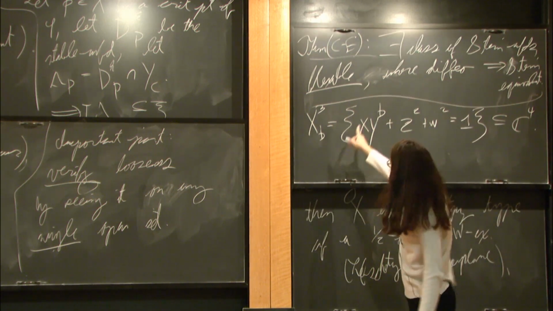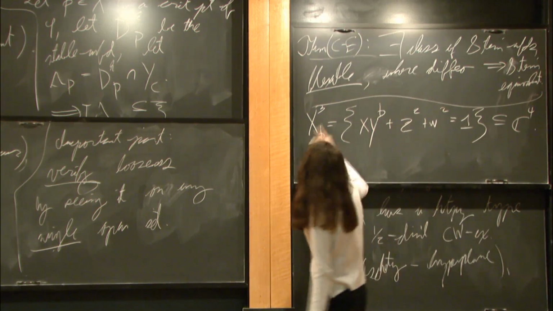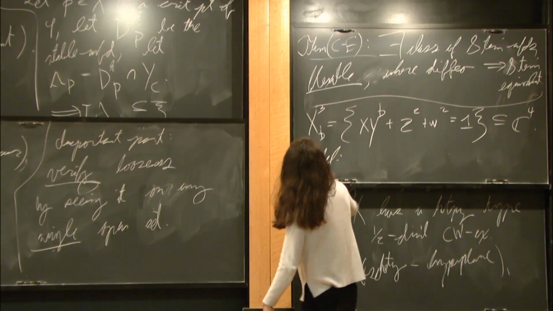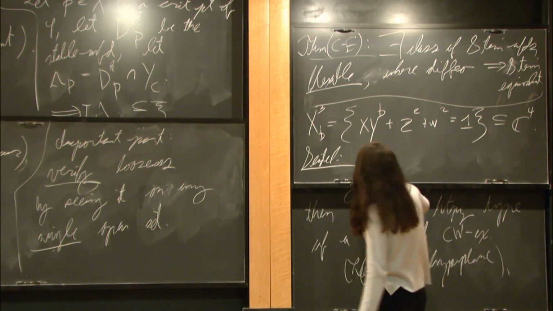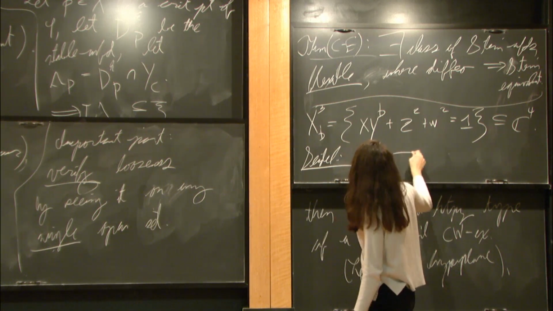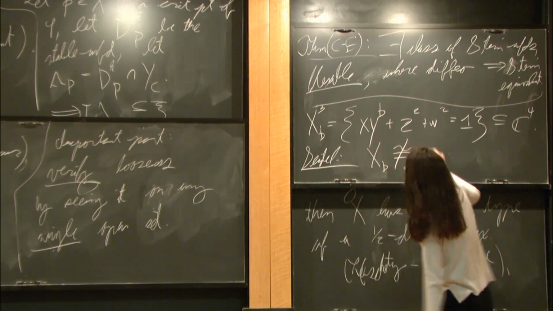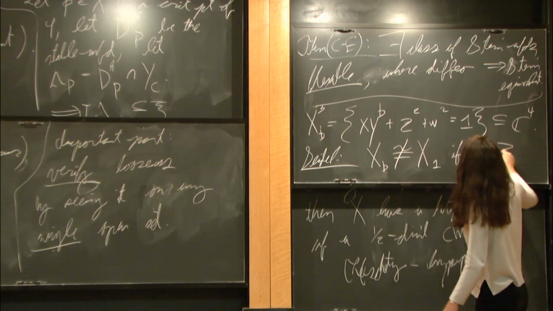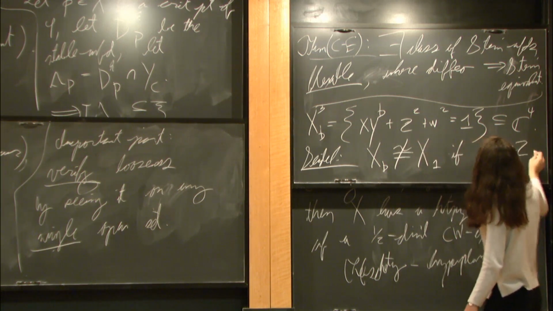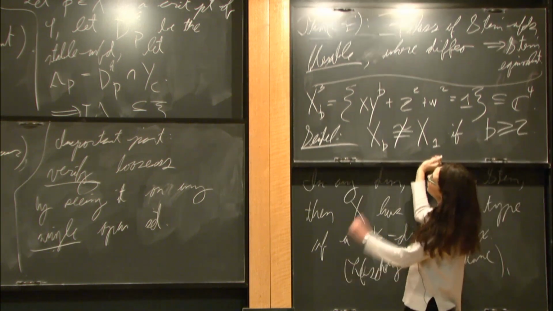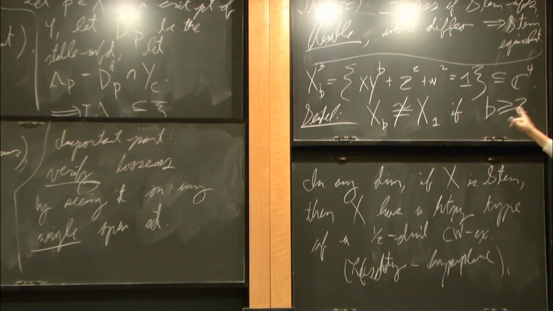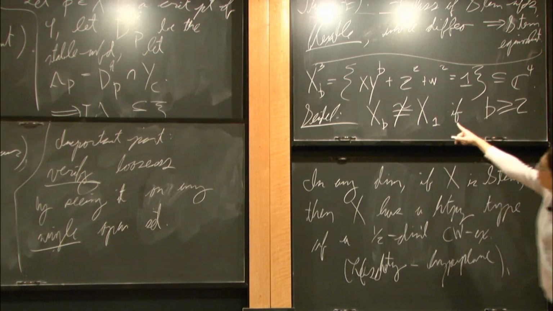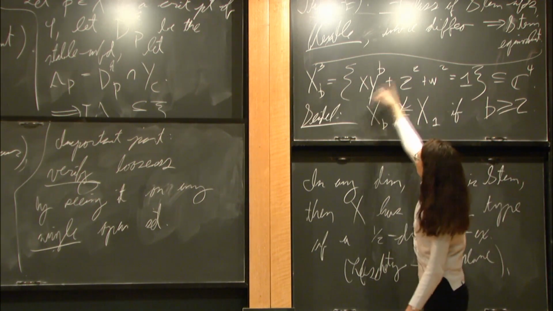Something that Seidel shows is that X_b is not the same thing as X_1 if b is at least 2. First of all, these are diffeomorphic. Secondly, if b is 1, this is just the quadric.